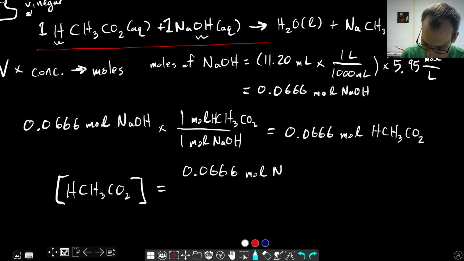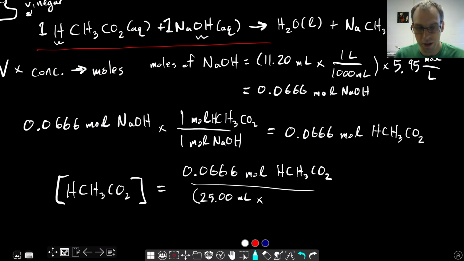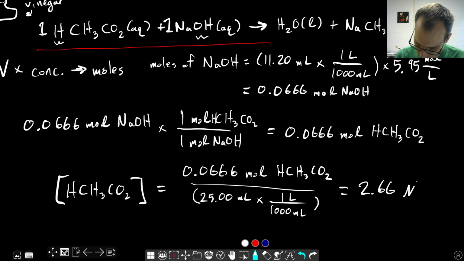Sorry, not sodium hydroxide, acetic acid, they just happen to be the same in this case, divided by our volume, which is going to be 25.00 milliliters, but we need to convert this to liters to get the correct concentration units of moles per liter for molarity. So we'll divide that by 1,000 milliliters per 1 liter. If you plug that into your calculator, you should get 2.66 molar concentration of HCH3CO2.